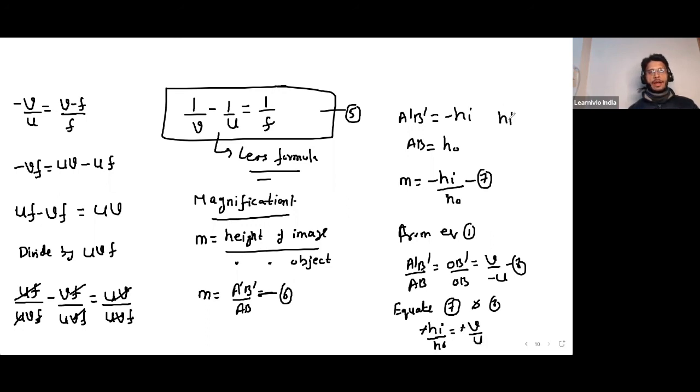You are left with height of image by height of object is V by U. And this is magnification. This is the formula of magnification. But while using this formula, always remember that you have to use sign convention.